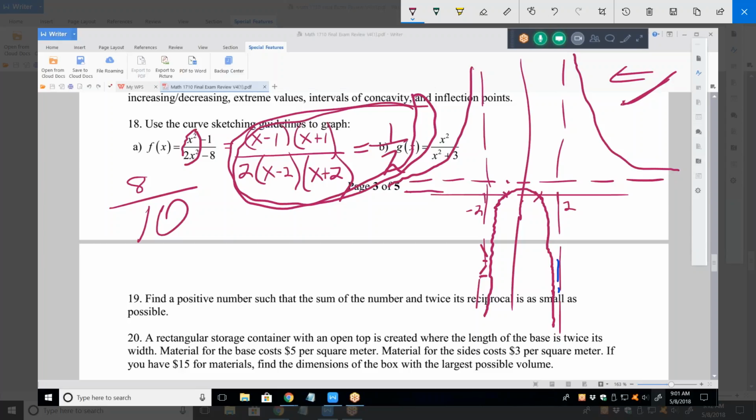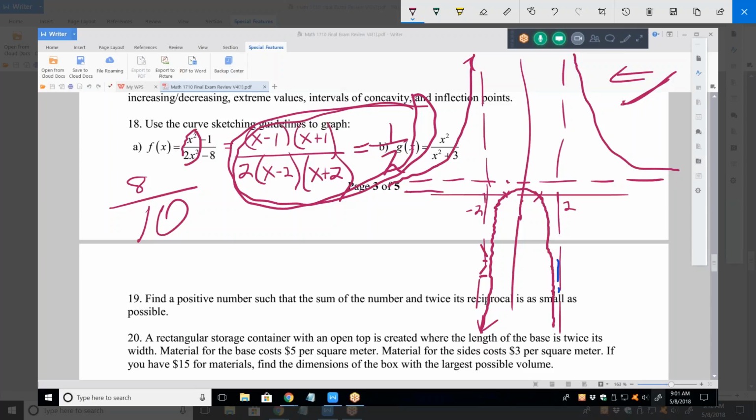In the middle, when I get to this point, I'm going down to negative infinity. On the other side of the vertical asymptote, I would expect to come down from positive infinity. Okay? And that's pretty much how you're going to do all of these. You're going to figure out your vertical asymptotes, your horizontal asymptotes.